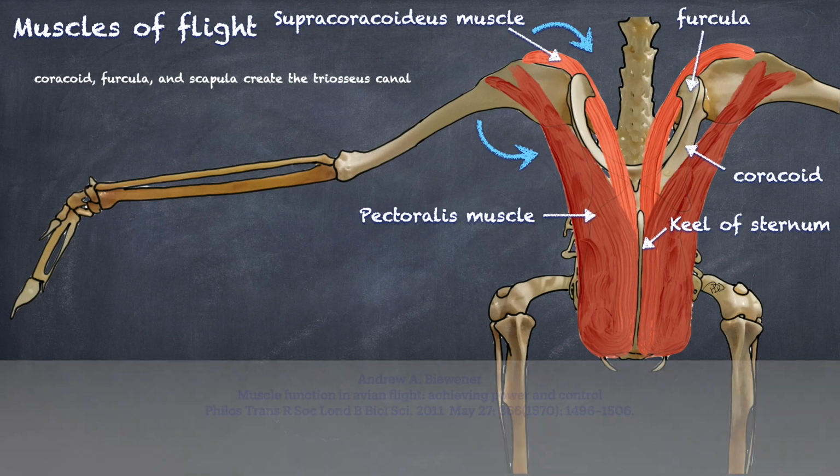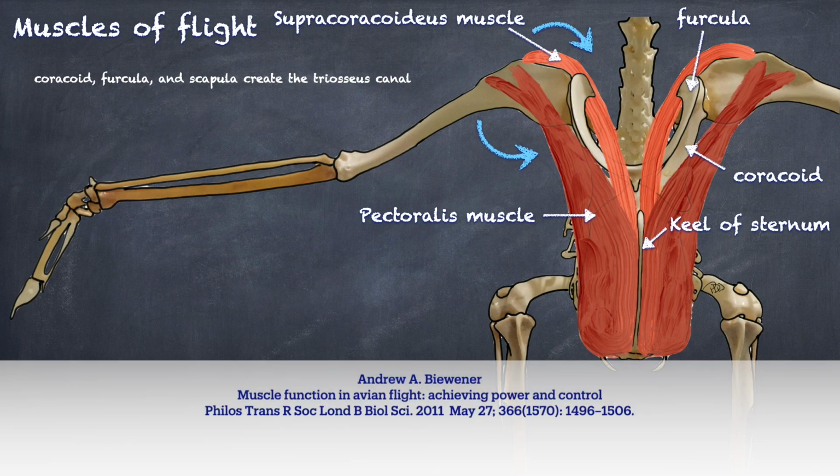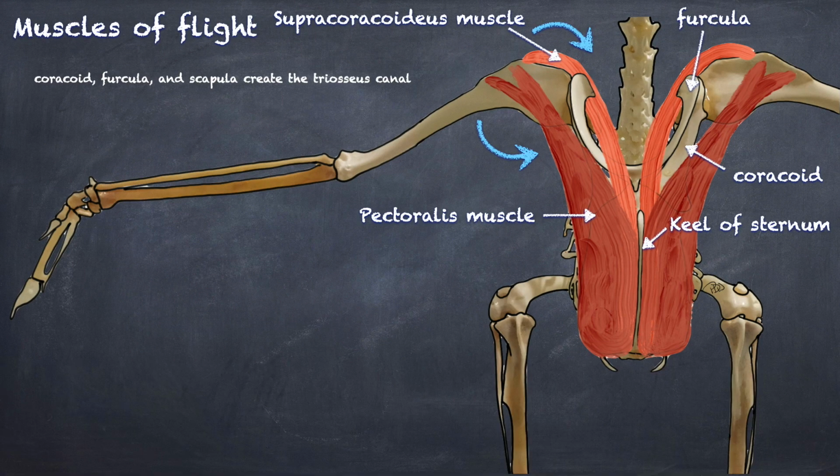A study by Boehner found that the other extrinsic and intrinsic muscles, by adjusting the orientation and shape of the wing, can alter the wing's aerodynamics for maneuverability. Okay. He also found something interesting in that shifts in the body, tail, and wing during takeoff or level or landing flight may be achieved by changes in whole body pitch rather than by changes in the wing or tail motion relative to the body itself.